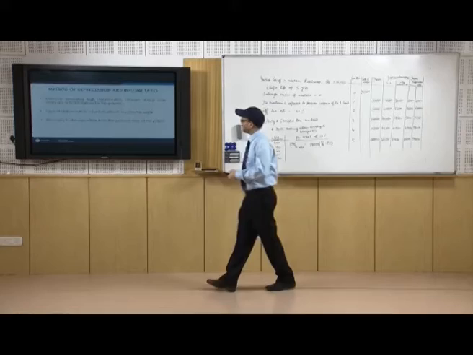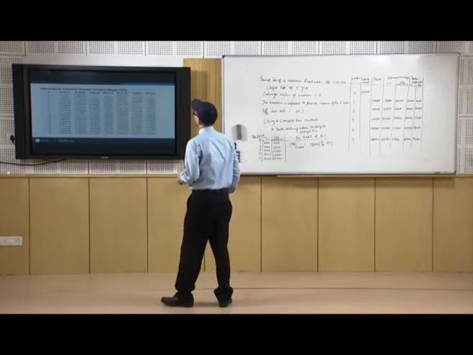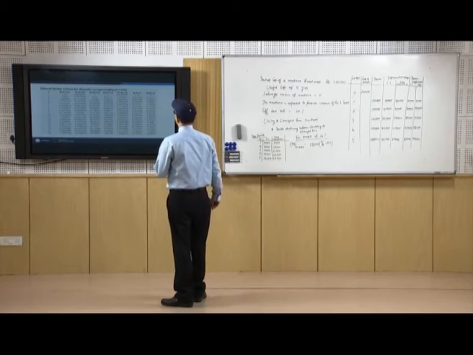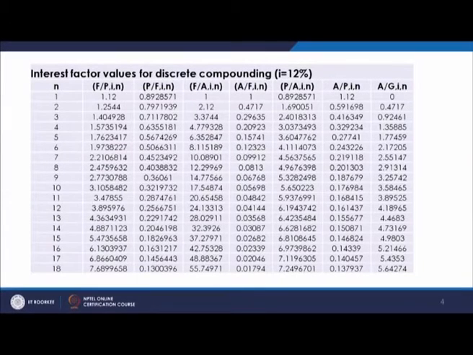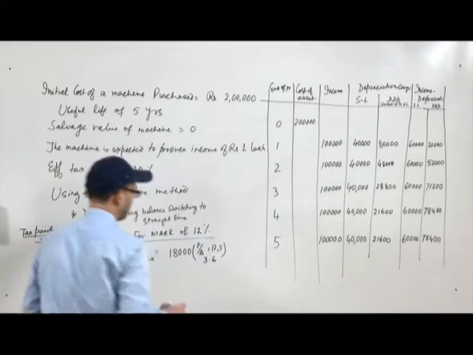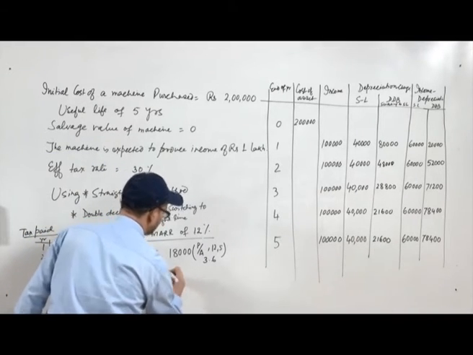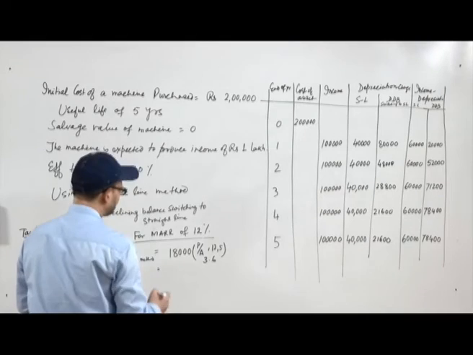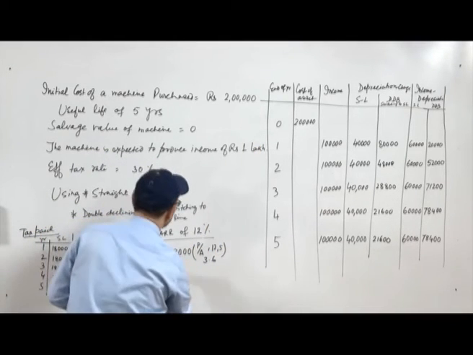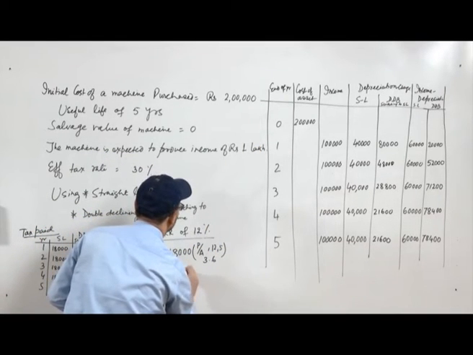We can get P by A 12.5 from the table, which is 3.60. So, it will be 64,800.